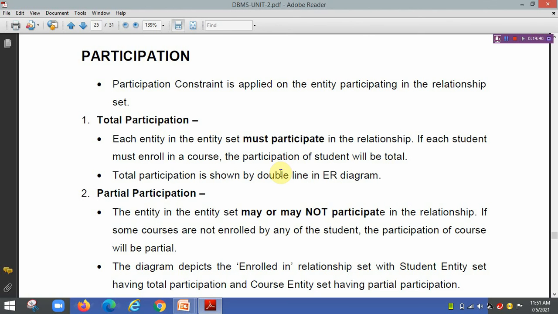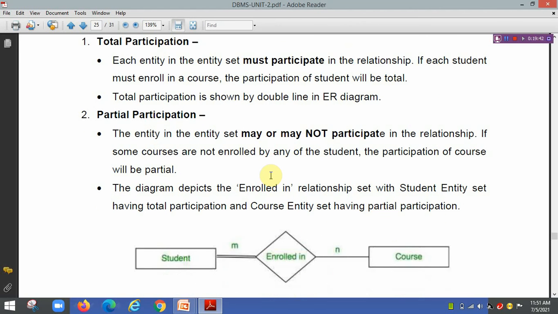Another one is partial participation. An entity in the entity set may or may not participate in the relationship. If some courses are not enrolled by any student, the participation of course will be partial.